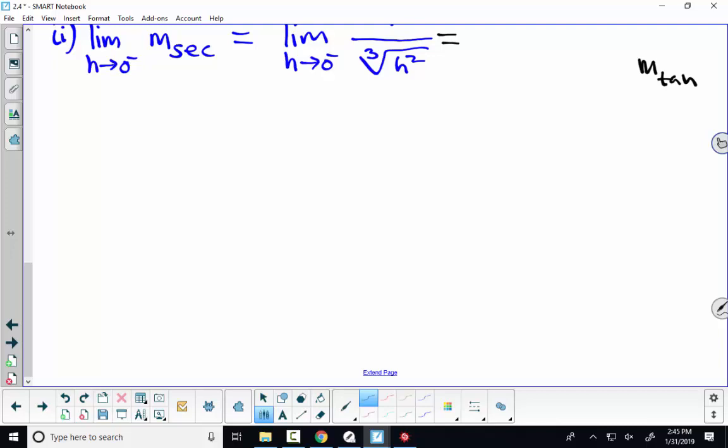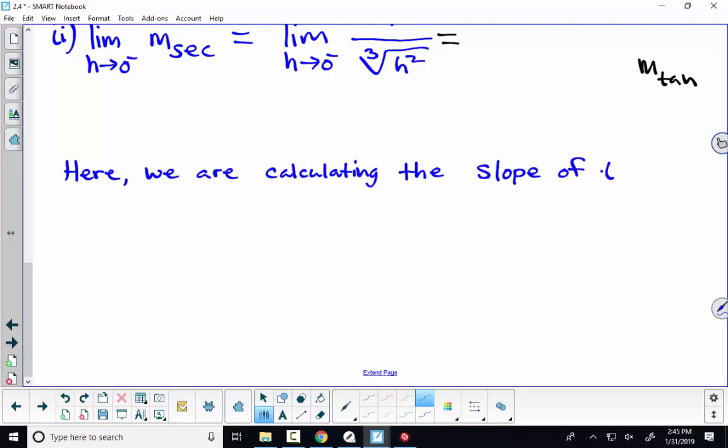So let's just say this: we are calculating the slope of the tangent line on the given function at what location?